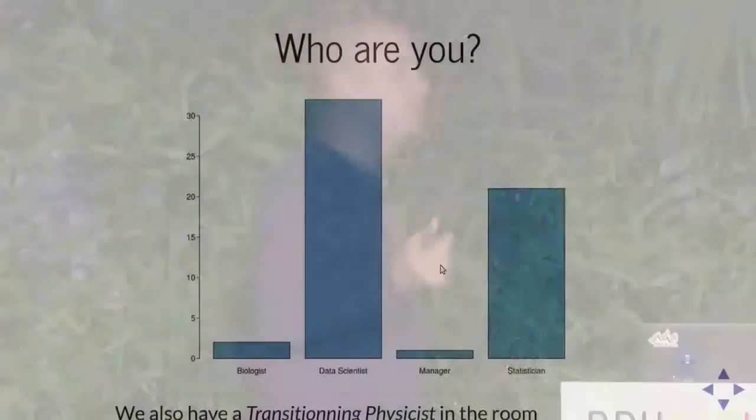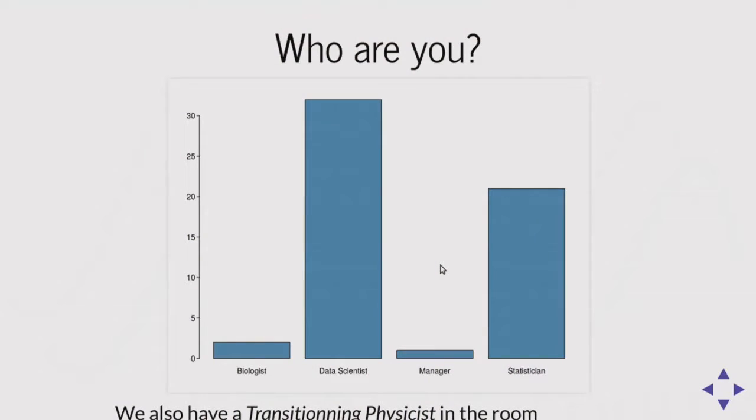Before the course, I sent around a questionnaire, and we had about 60 responses. I think there are more than 60 people in the room. We asked people, what type of person are you? What was interesting is people are moving from statistician to data scientist. So the data scientist is definitely the future. We have one manager in the room.